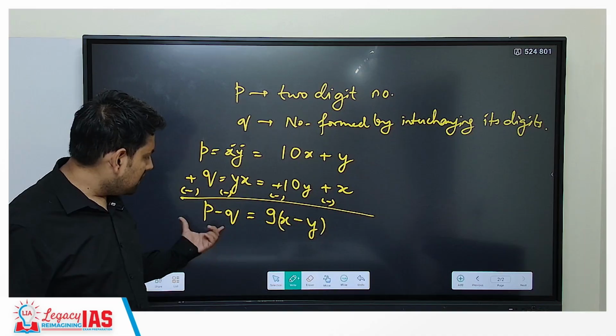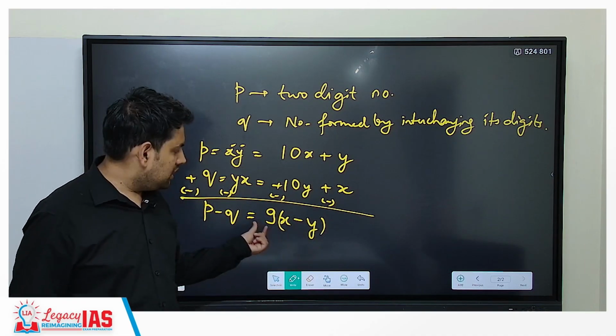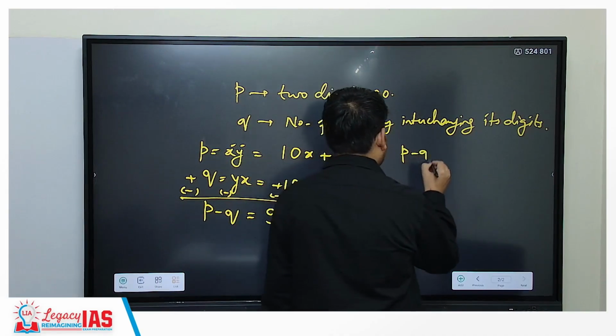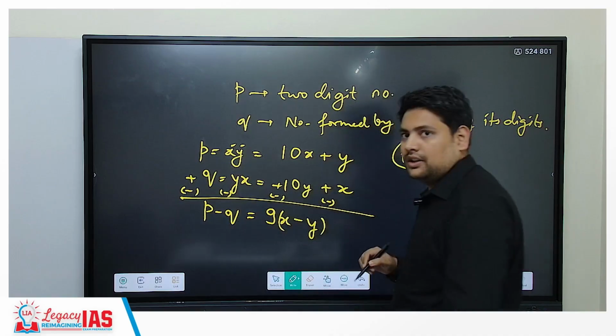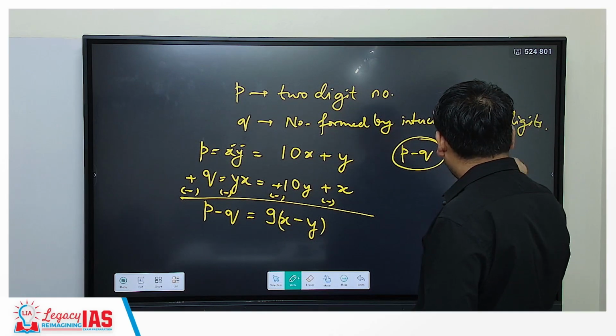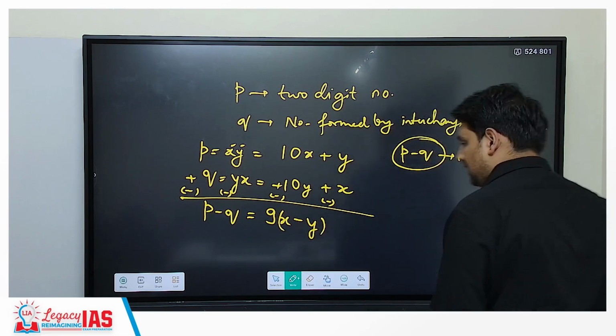Now, can you see that P minus Q is formed by (x minus y) into 9? That means the difference between these two numbers will be a multiple of 9. This much you can get from this.